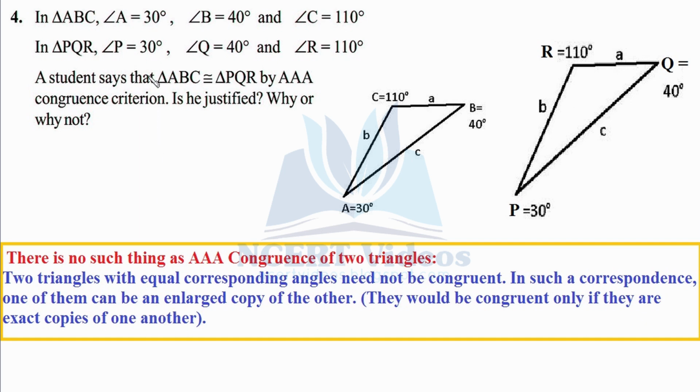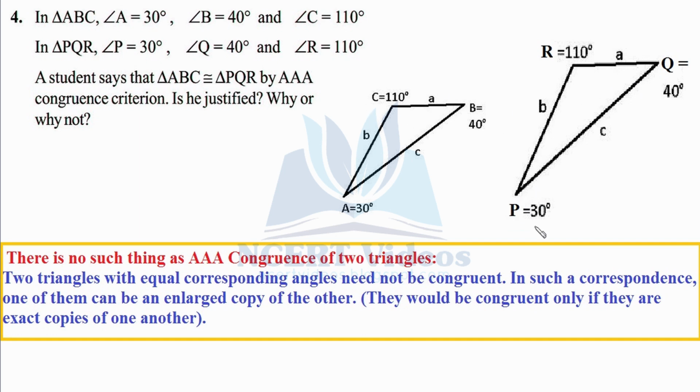So what was happening in the question is that we have two triangles, namely triangle ABC and triangle PQR. Both had the same corresponding angles. Angle A was 30, angle P was 30. Angle B and angle Q were 40 degrees, and angle C and R were 110 degrees. But if you try to place this angle on this angle, this triangle will not cover this triangle.